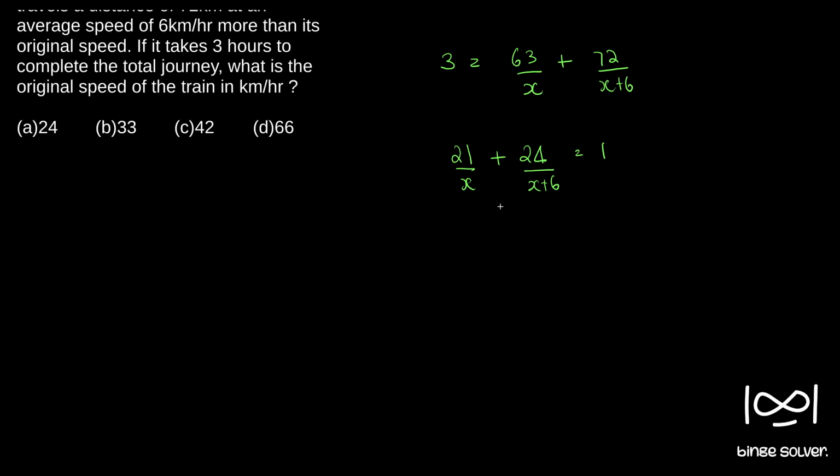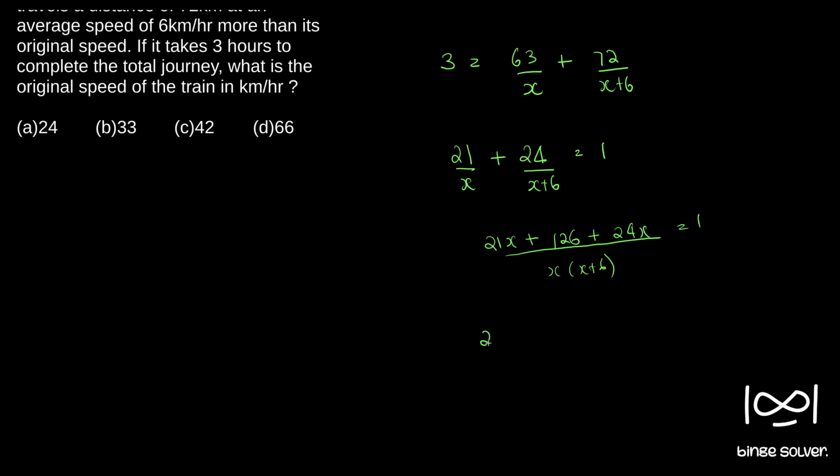If you multiply throughout, we will get 21 into x plus 6, so 21x plus 21 into 6, which is 126, plus 24 into x, x into x plus 6 is equal to 1.